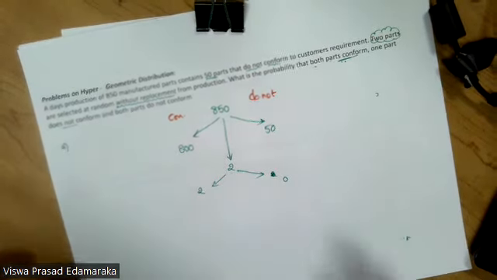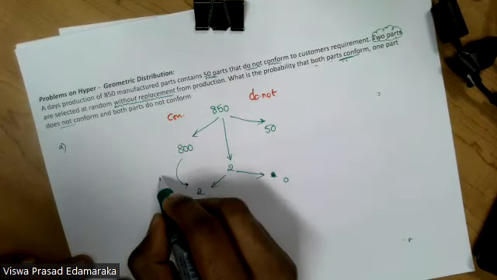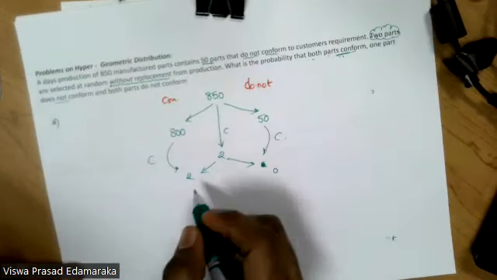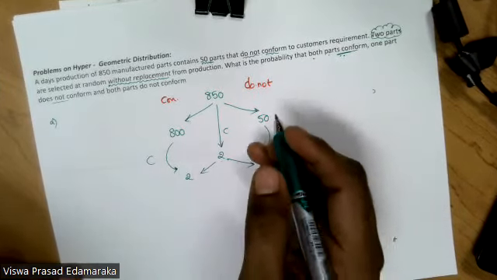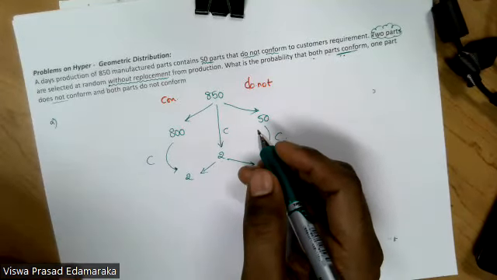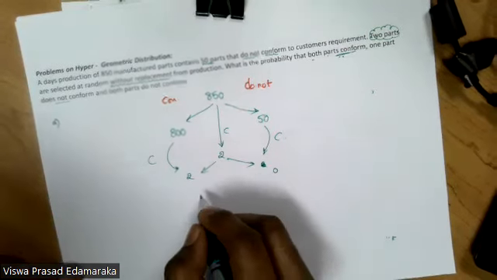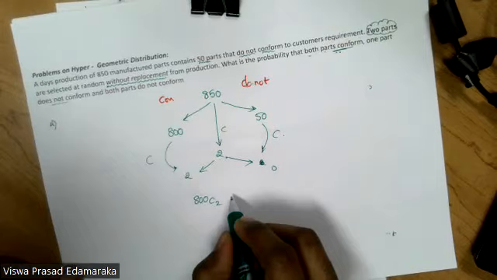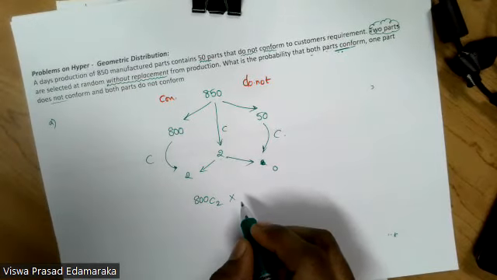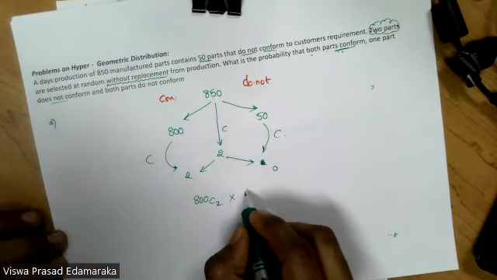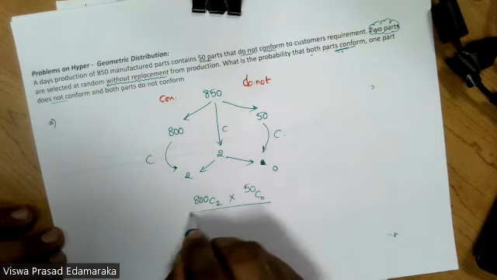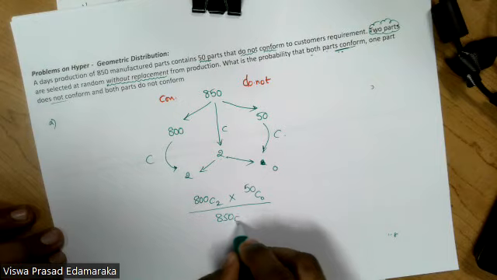So now simply write C, C, C. First, we need to write 800 C2 into 50 C0 out of 850 C2.